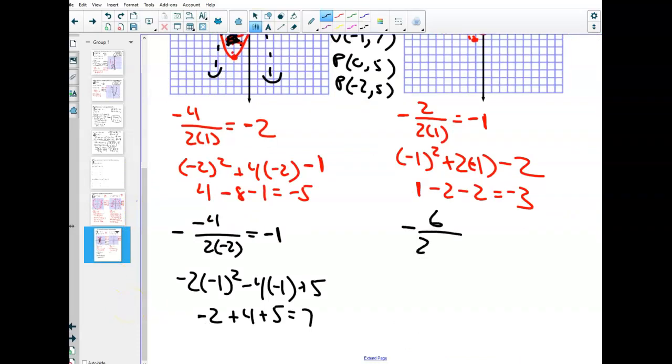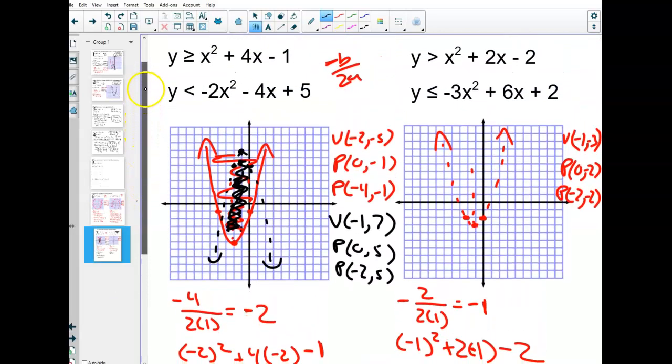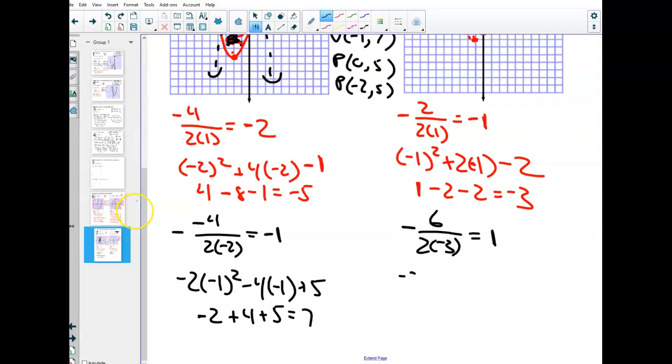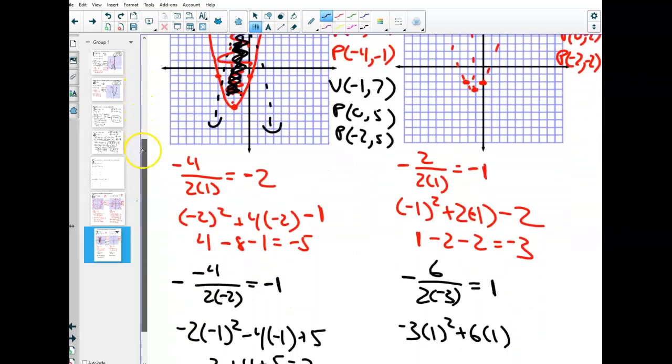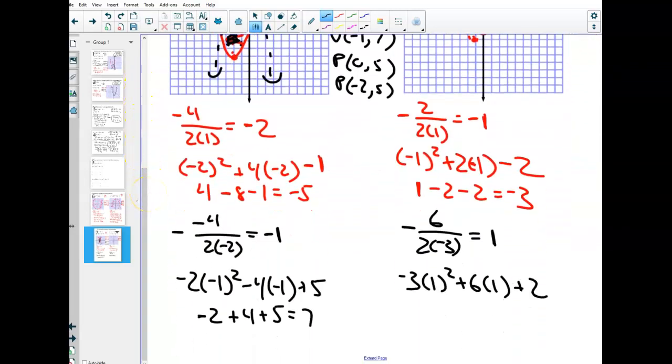negative 6 times 2 times negative 3. That's a positive 1. And then negative 3, 1 squared plus 6 times 1 plus 2. That's negative 3 plus 6 plus 2. That gives us 5.